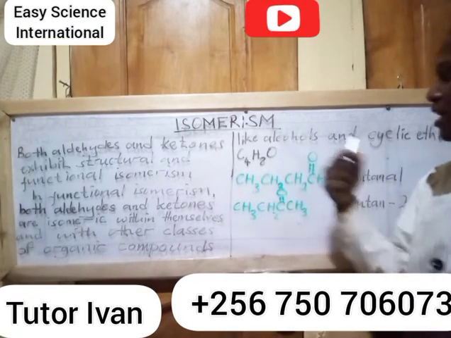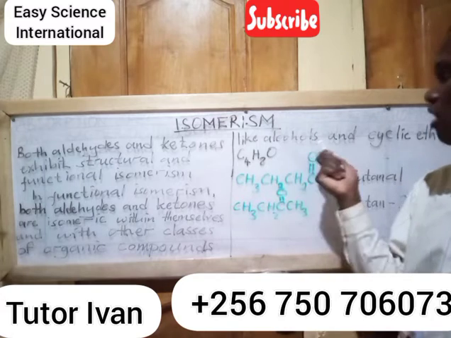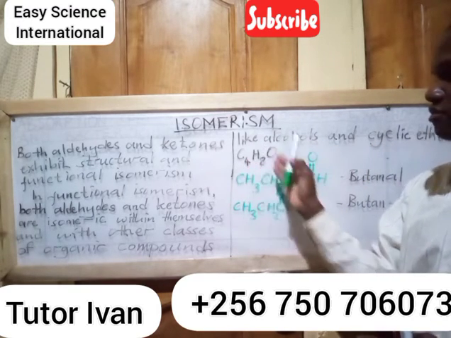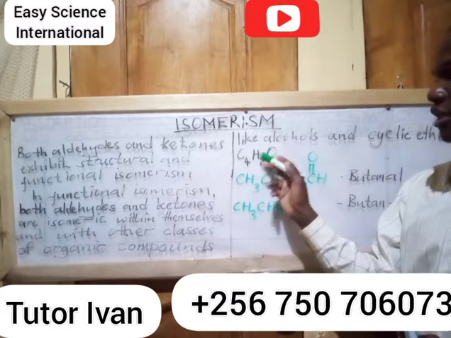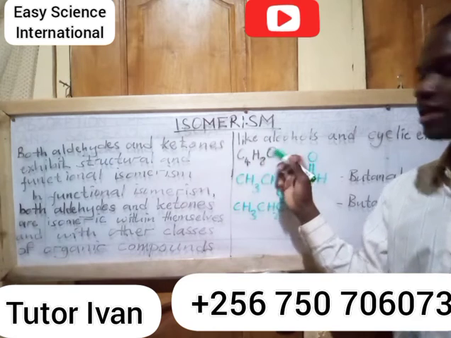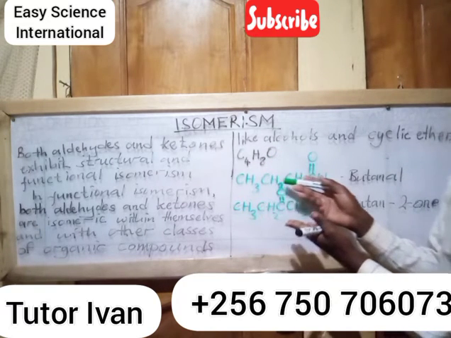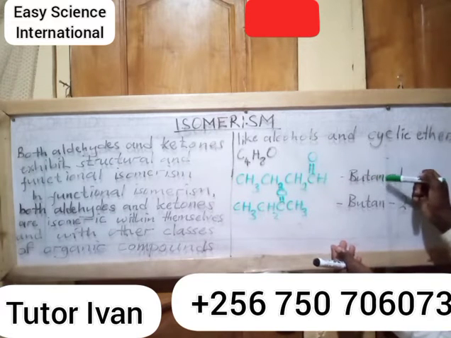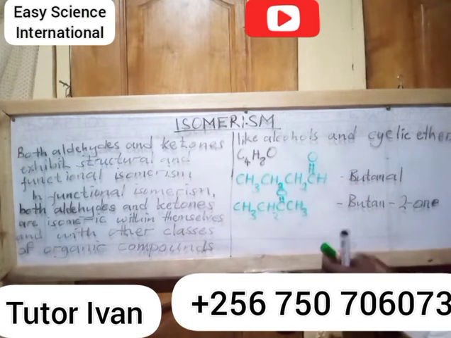An example so far is C4H8O. That is the molecular formula, and we've extracted 2 structural formulae. One leading to butanal, which is an aldehyde, and the second leading to butan-2-one, which is a ketone.